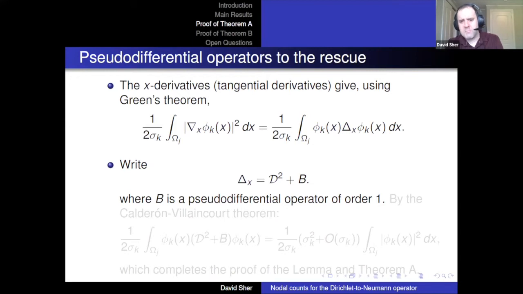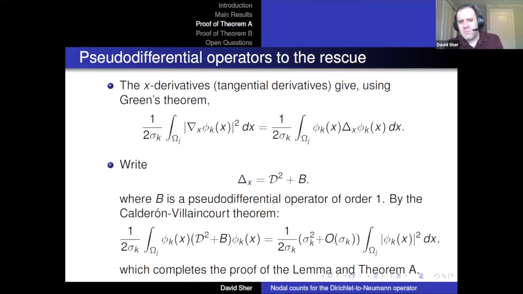We don't know much about b, but we do know that it can't screw up eigenfunctions more than big O of sigma k. So we have d squared plus b. The d squared literally just turns into a sigma k squared. And I claim there's an O of sigma k here, that the b term can be handled.